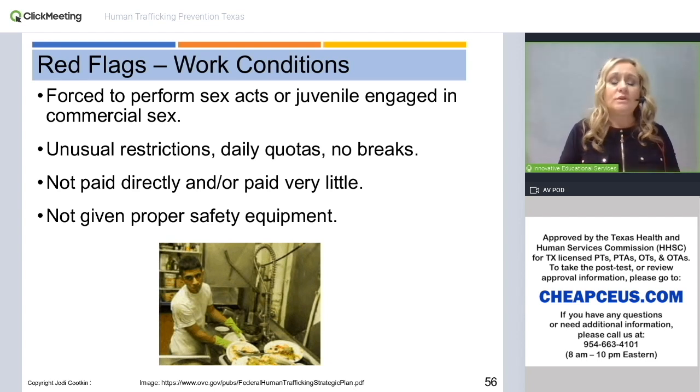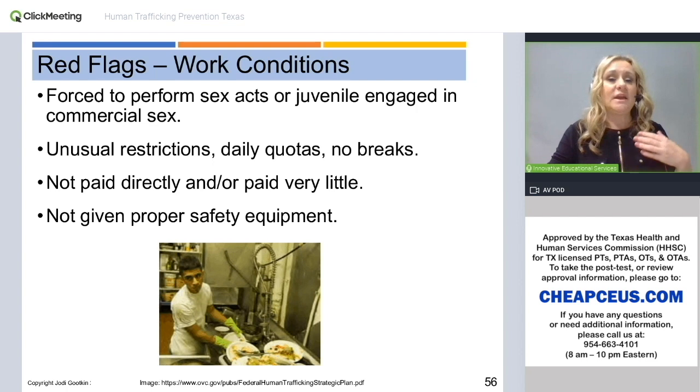They have quotas they need to reach. They're not given breaks. They're not given personal protective equipment. Seasonal work particularly heightens the vulnerability for individuals because they're moved around, that it may be more difficult to catch these inappropriate work conditions.